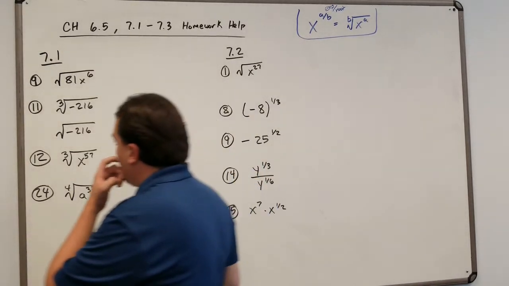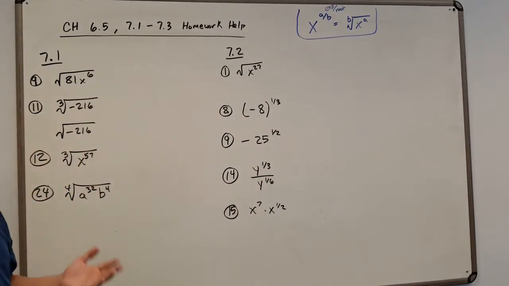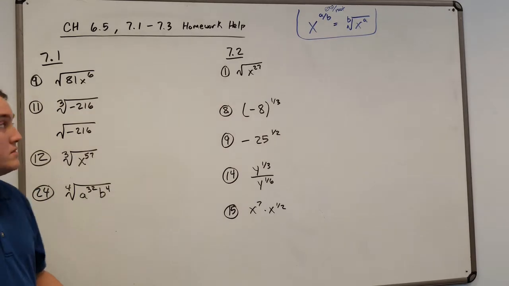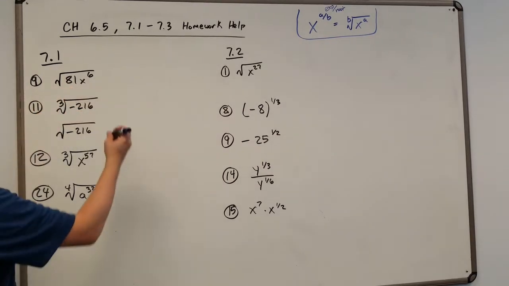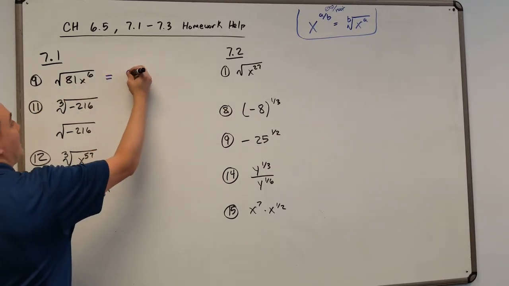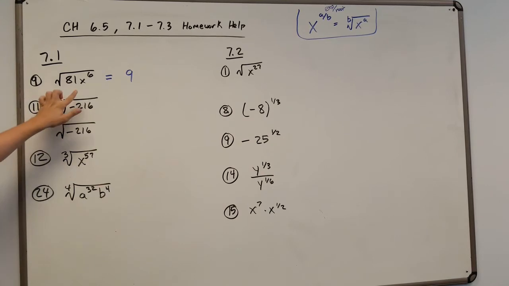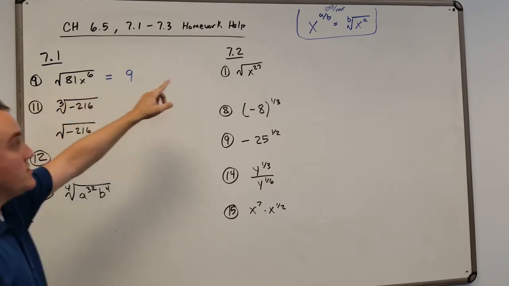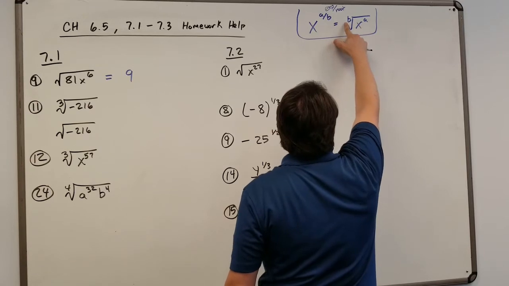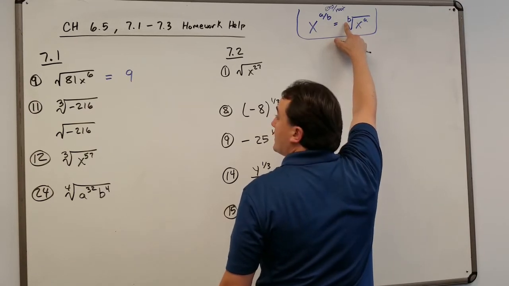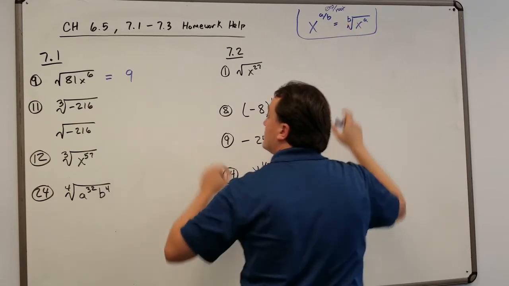Alright. You should know how to take regular square roots. What it means: the square root of 81 means what times what is the same number as 81. Well, that's just 9. Okay? Now, it gets a little different when we have a letter in there. So what you do is, just like this formula, whatever that exponent is, if you divide it by the kind of root, you get what you're supposed to have outside.